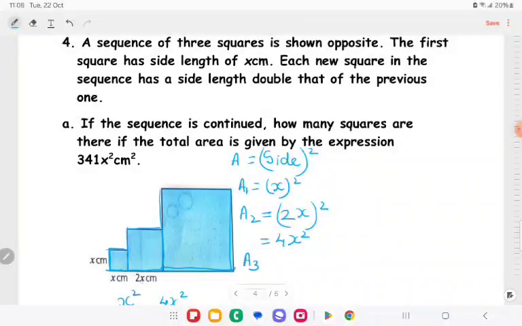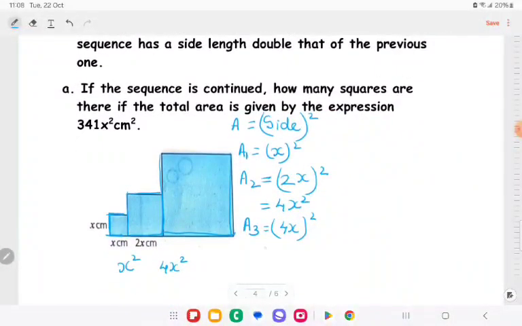So if 2x is the previous one, the next one will be its double. Double of 2 is 4x the whole square, which is going to be 16x square. So here I write down the next one.